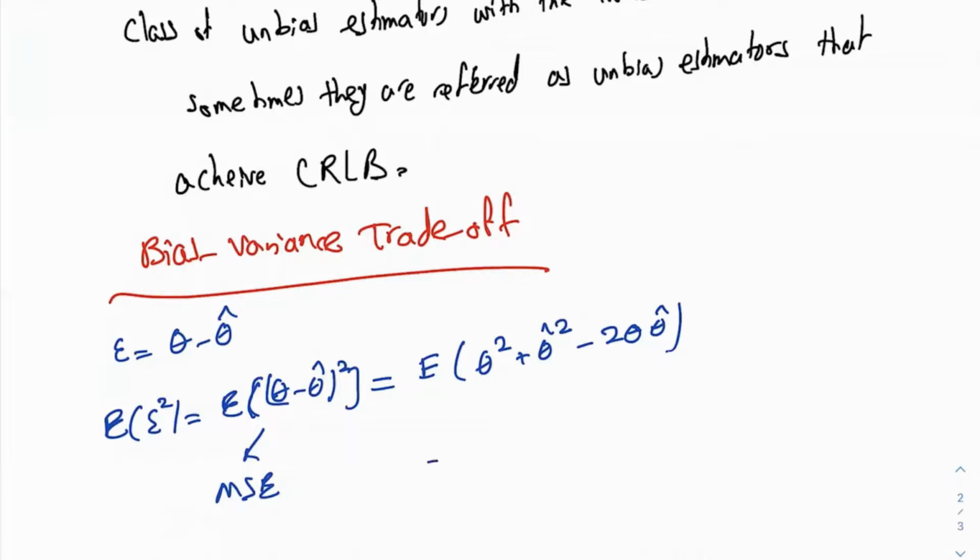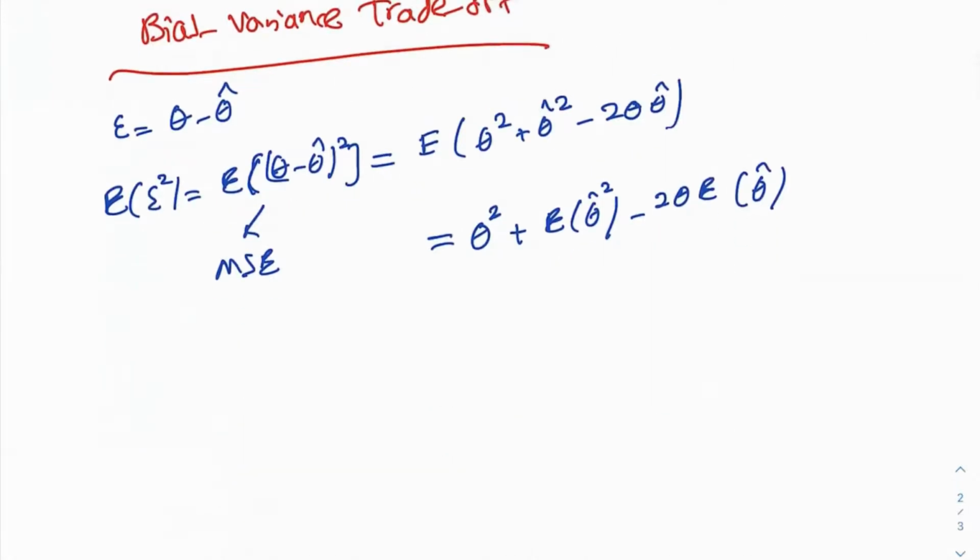Now, this is going to be the expected value of theta hat square. This is equal to this minus 2 theta expected value of theta hat. Good.